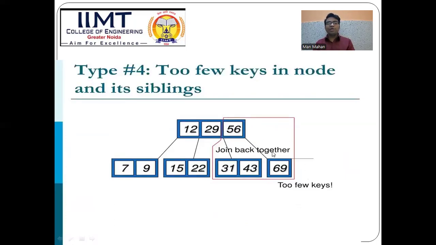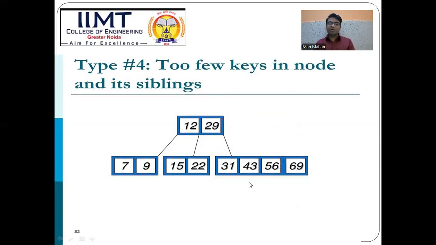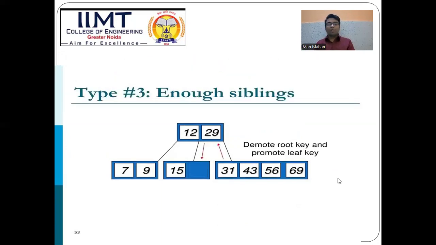We can see in the figure, join back together 56, 31, 43, and 69 in a particular node. Now we can see here 31, 43, 56, and 69 in merged positions. Merge all the sibling values.